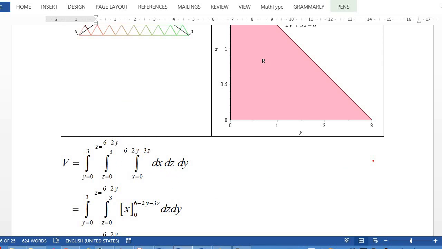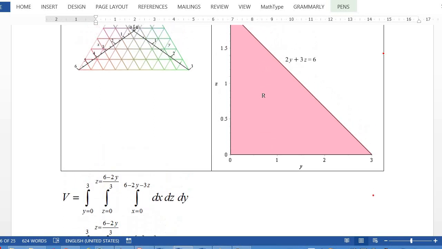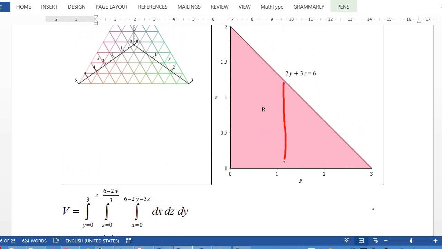And then the region R, again, I solve it using a vertical bar. The vertical bar touches the y-axis, so z equals 0.